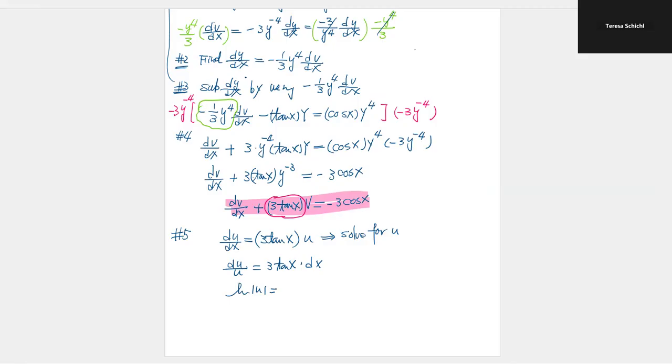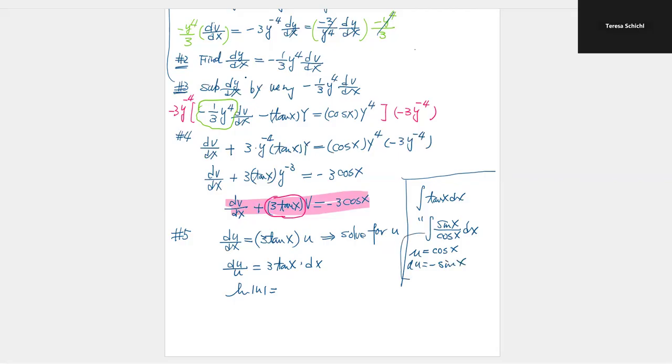Let me try to redo this. I hope everybody remembers the integration of tangent x dx. We know that tangent is sine x over cosine x dx. Now I use u substitution: u is equal to cosine x, then du is equal to negative sine x dx.